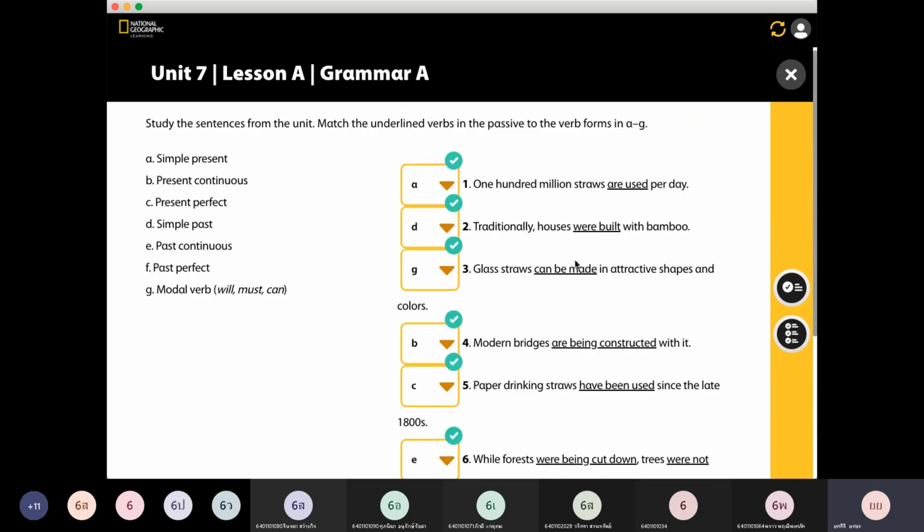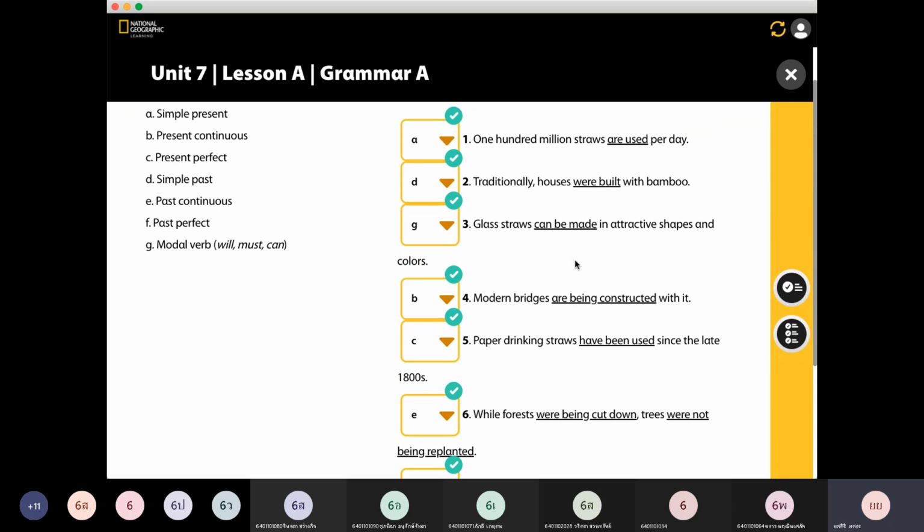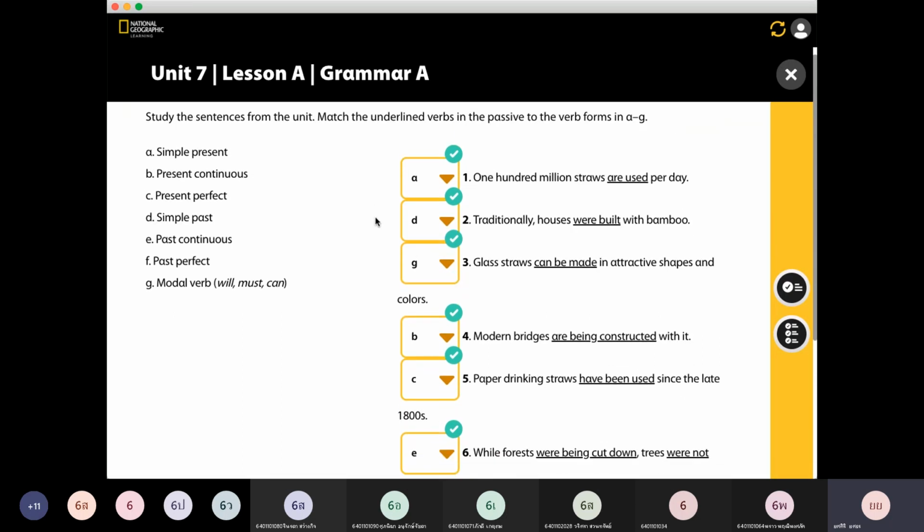Okay, so that's correct. As you can see, when it comes to tenses, you have to look at the verbs, how the verbs behave. So you can see the present simple here. The present simple uses the verb to be in this form, like is and are.